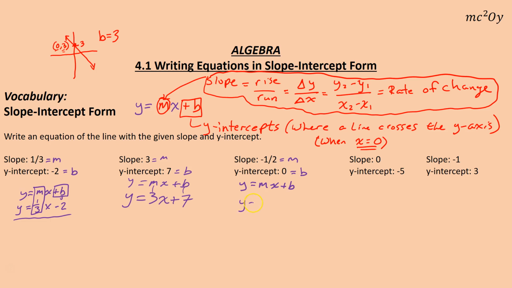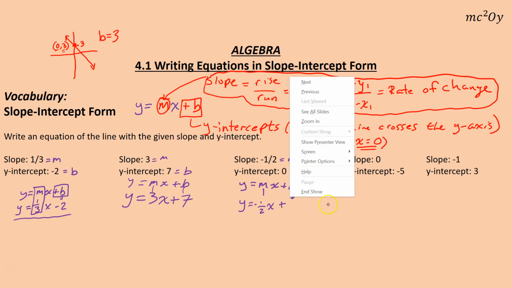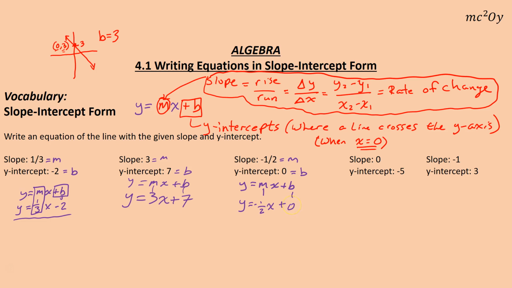So when I line up pieces, I have my y, my m is -1/2. Doesn't matter where you put the negative sign. And my x. And then plus our 0. Well, if b is 0, then notice, when you're adding nothing, you can just write it like that.